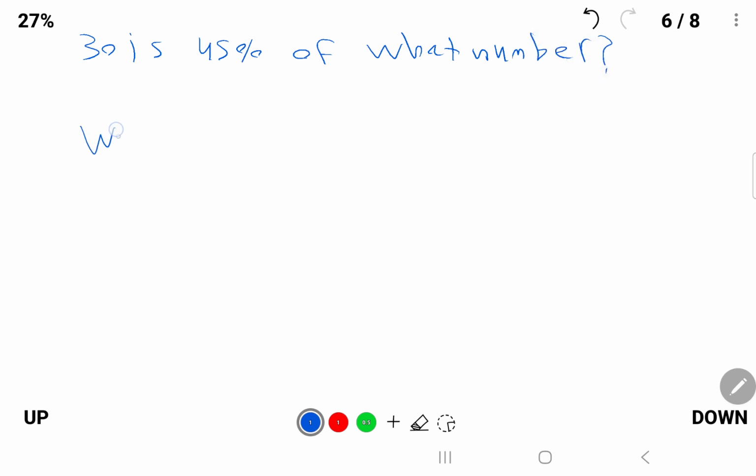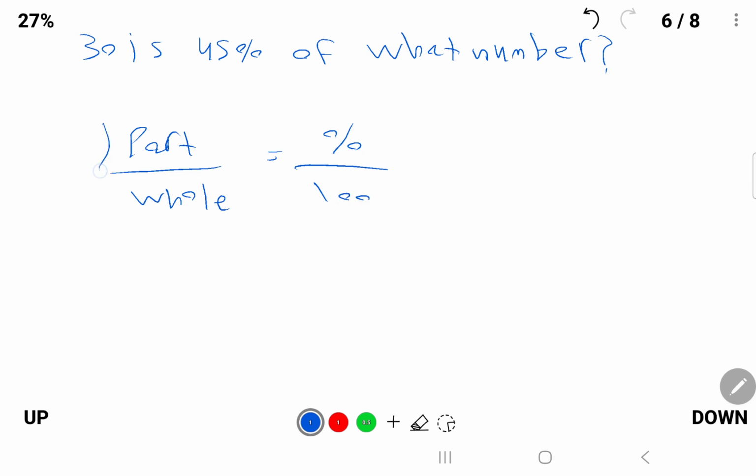Now first step, we write the equation: part over whole is equal percent over 100.